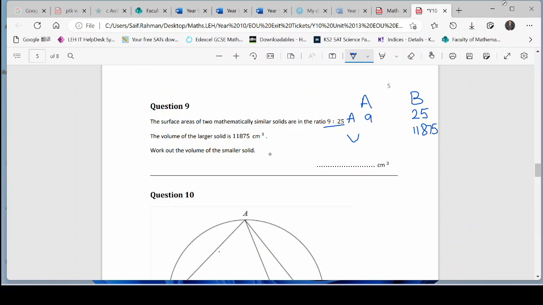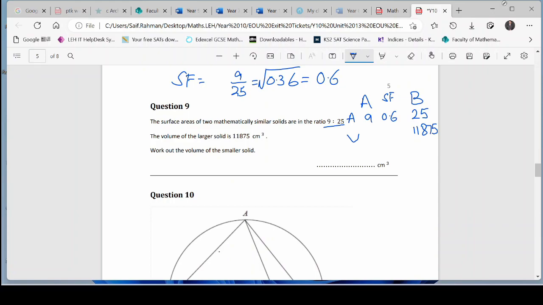But this one is an area, so we have to take a square root of it. The square root of 0.36, since this is already in square, gives us 0.6. So 0.6 is the scale factor.